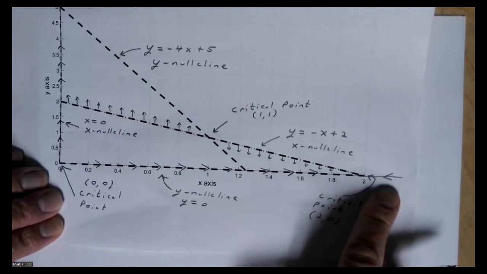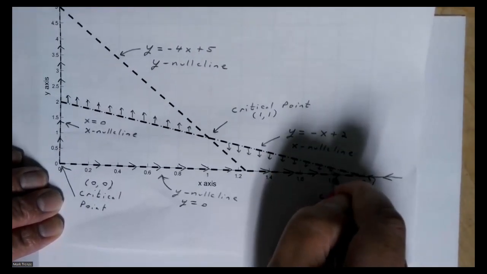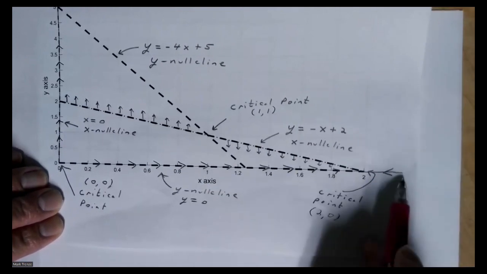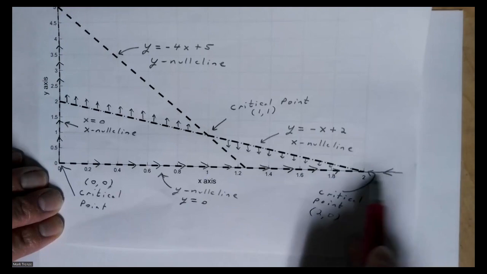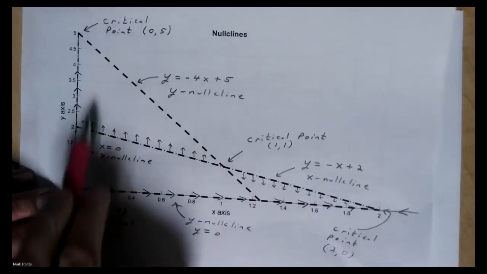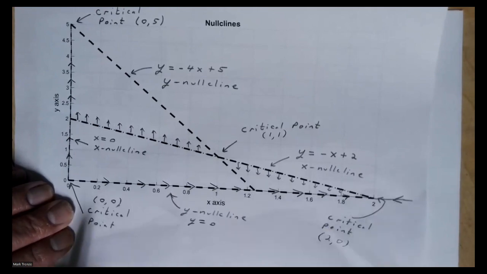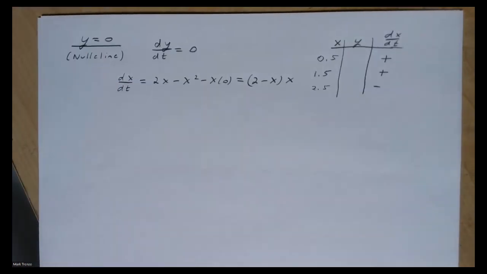So when you get past 2, you go back towards it. But mainly, these ones are all going to go this way. And if it's beyond this point, they're going to go in this way. Though we're mainly just interested in this region, so we're not too concerned about what's happening here.